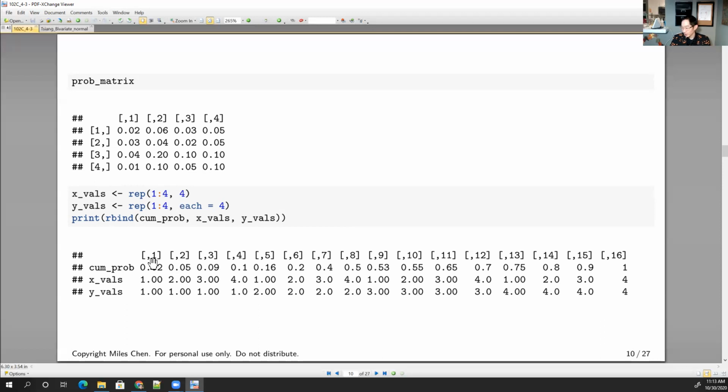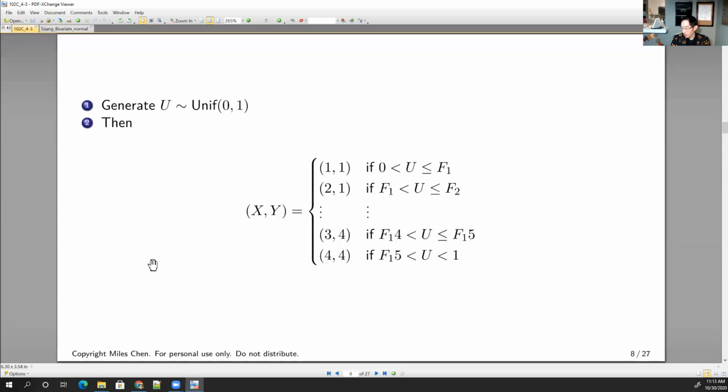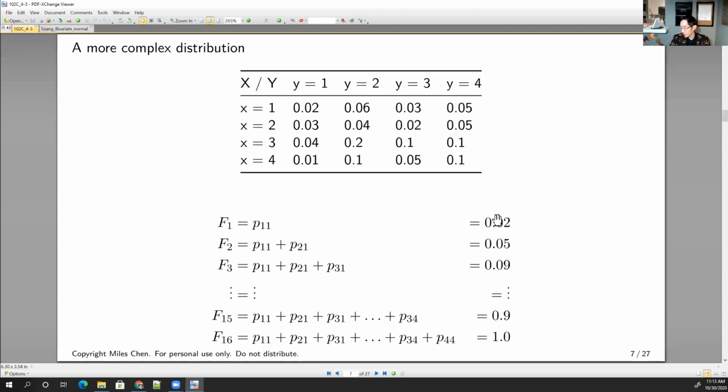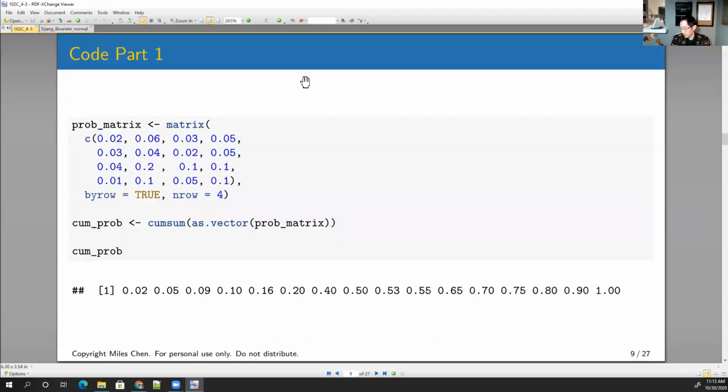Okay, and so we can see that this 0.02 corresponds to, if I get 0.02, that's going to give me 1, 1. And then this 0.05 is going to correspond to x is 2 and y is 1. And 0.09 is going to correspond to x is 3 and y is 1.